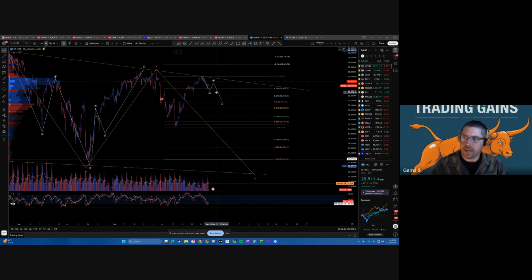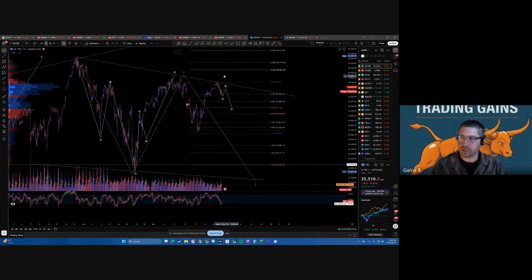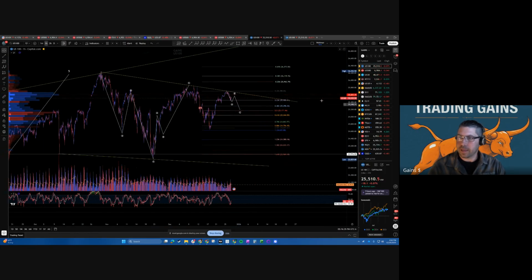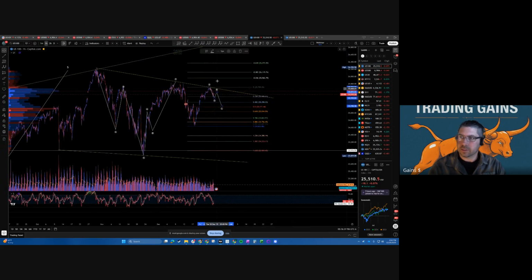There you go. But I do think that even if this ends up being a bullish structure, for example, let's say this doesn't materialize and you start to see something like this, a big bounce point here.